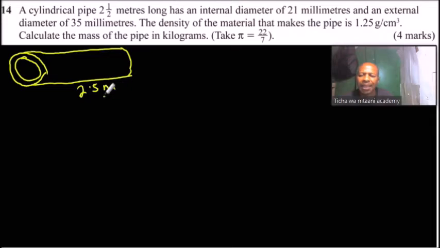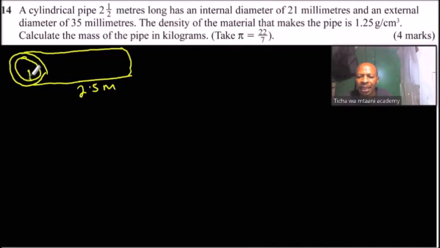So let's assume that the pipe, so we have the internal and external diameter, so that's our pipe. It is 2.5 meters long.